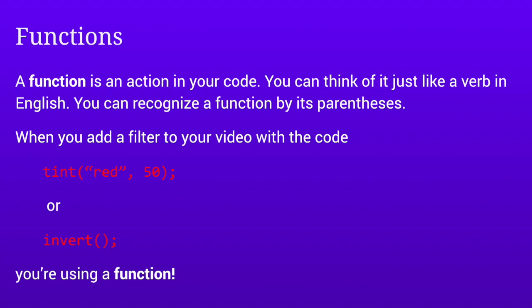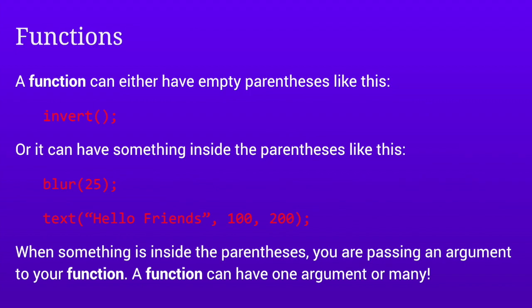Invert is another example of a function. That doesn't have any words or numbers passed through because it only does one thing. It only flips the colors of our video. So functions can have arguments passed in them, things like red or a number, or not, but they're still functions. Sometimes a function will have empty parentheses.